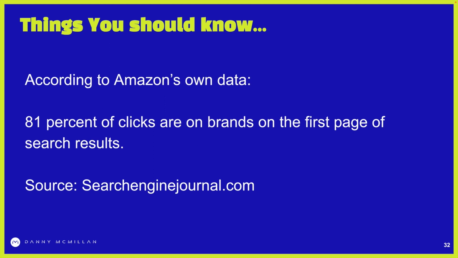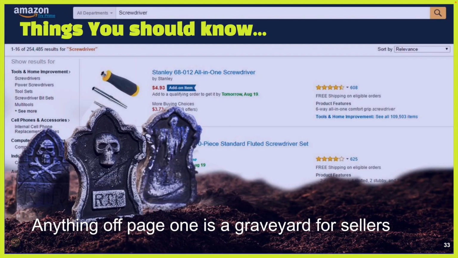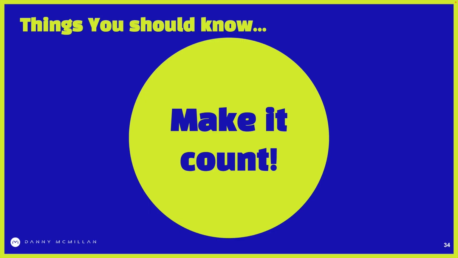This is sourced from Search Engine Journal, which you can look up. It's a couple of years out of date, but it's going to be pretty close, and there will be shifts in between. But you can see the magnitude of organic ranking and the importance on Amazon of being found, because effectively, anything off page 1 is literally a graveyard for sellers.